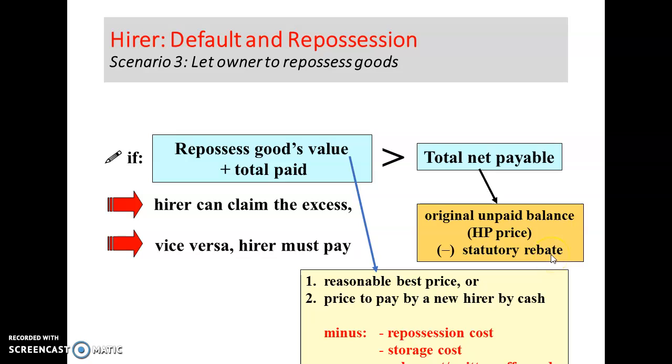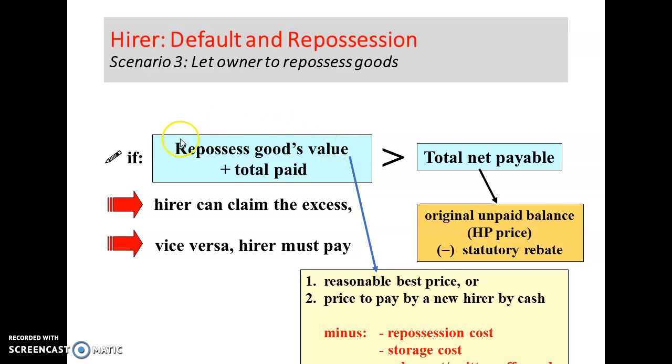Because the hirer is only entitled to pay the hire purchase price, meaning the cash price plus the interest, only up to the repossession date. Interest after the repossession date, the hirer is not entitled to pay. So that's why we allocate a rebate and deduct the amount. Basically we're going to compare these amounts.